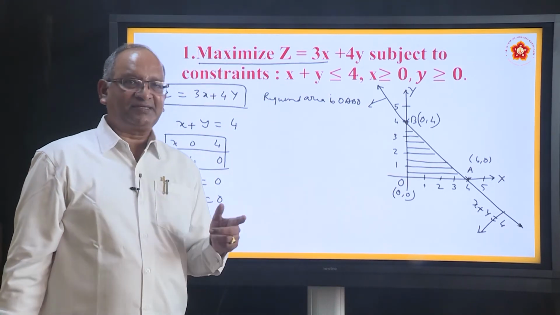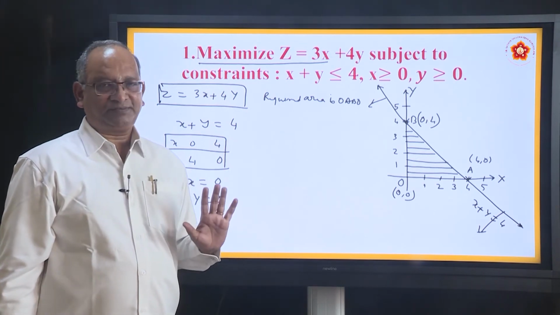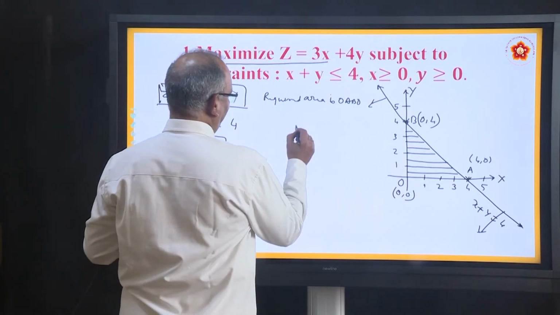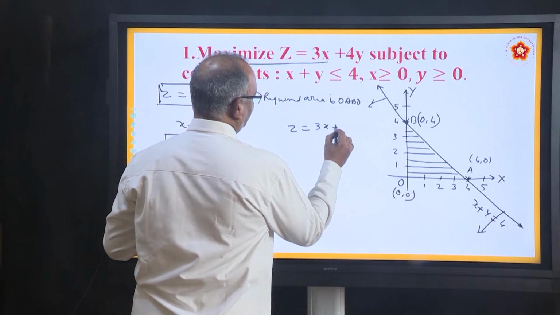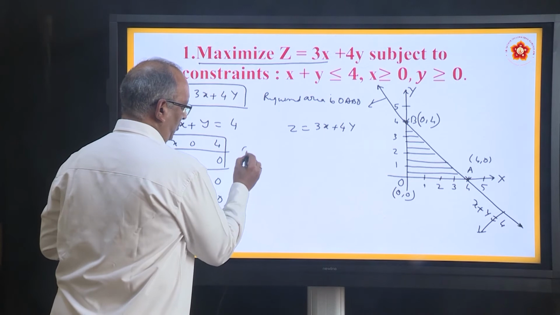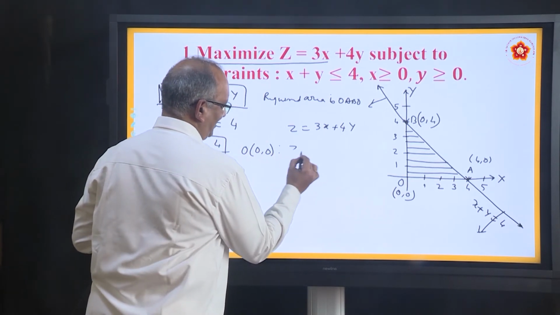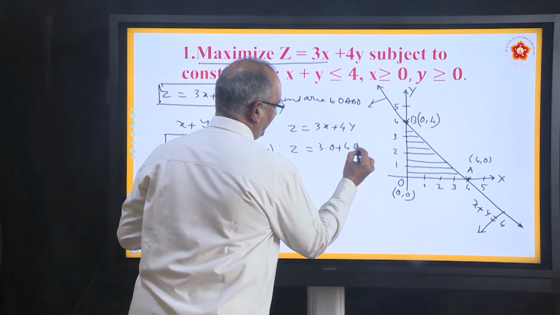Now what is the next task? Next task is find out the corner points and substitute in Z. What is Z here? Z is equal to 3x plus 4y. What is the first corner point? O, which is 0, 0. So if you substitute this, what you will get? Z will be 3 into 0 plus 4 into 0 equal to 0.